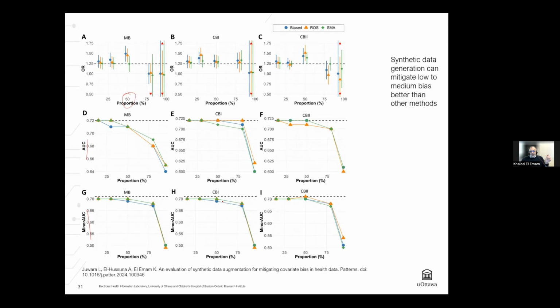It's able to maintain your performance up to better than random oversampling and close to where you want it to be, close to the ground truth, up to around medium bias, but at high and extreme bias, we couldn't find anything that worked consistently. But at least we have a solution to low and medium bias. It tends to work quite well.